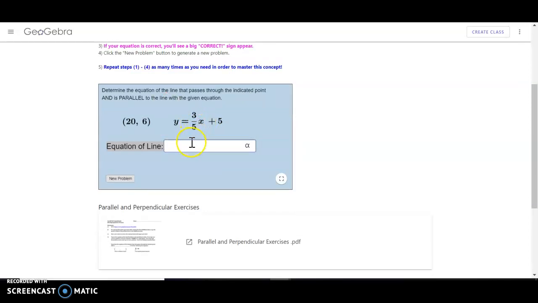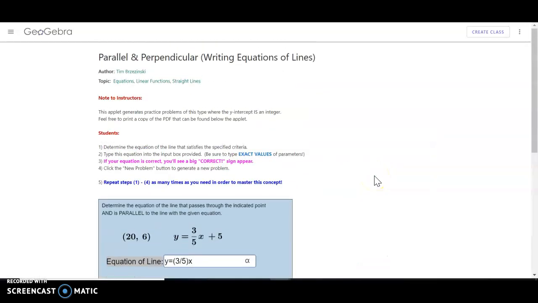Since this is a parallel line, we know it's going to be y equals 3 over 5 x, because parallel lines have the same slope, and the only thing that will be affected by the different point is the y-intercept. So you can use this to practice so many different types of problems.